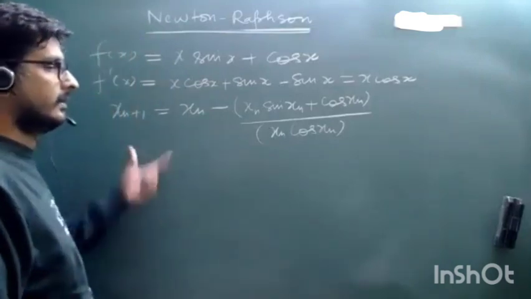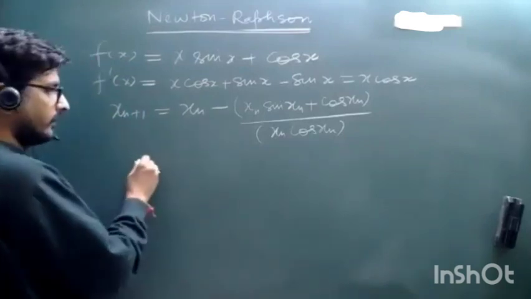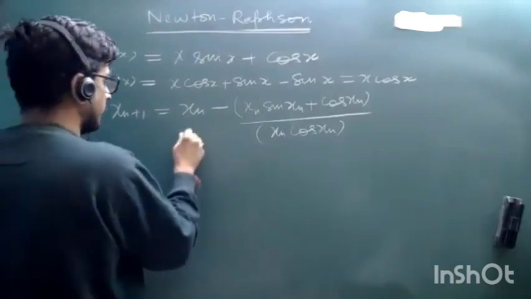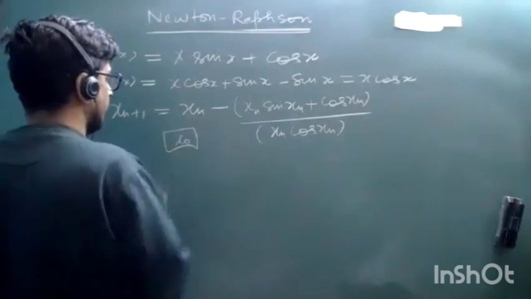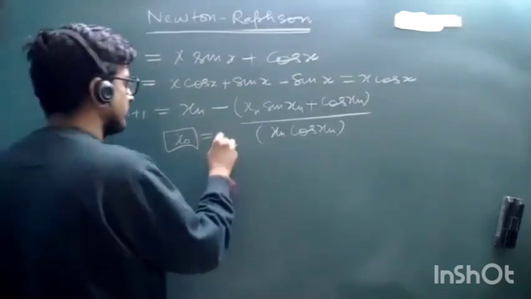So this is your iterative formula, and if you take some x naught, starting from any value, let me take one of the values. Let me start with pi. Suppose this is given.